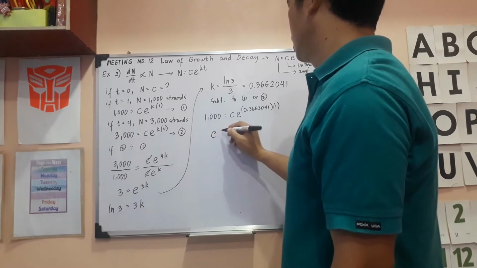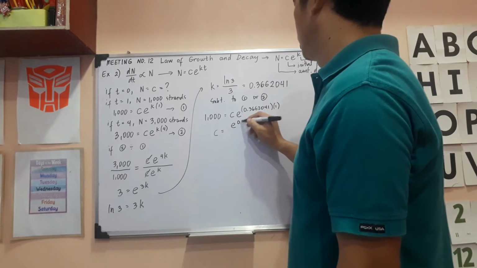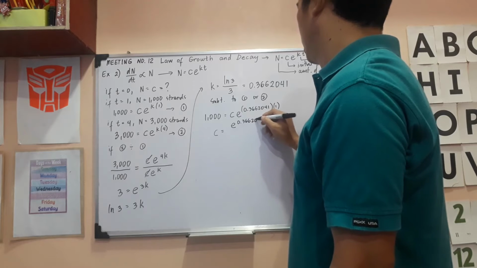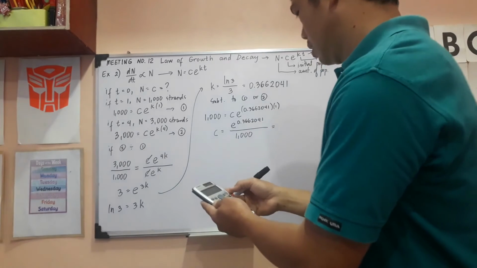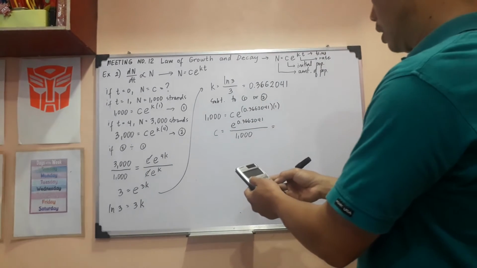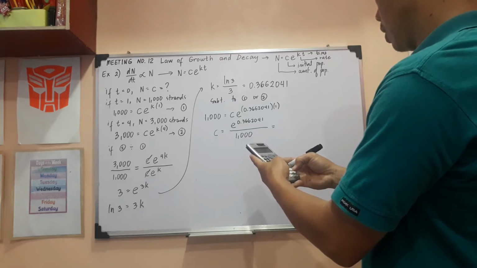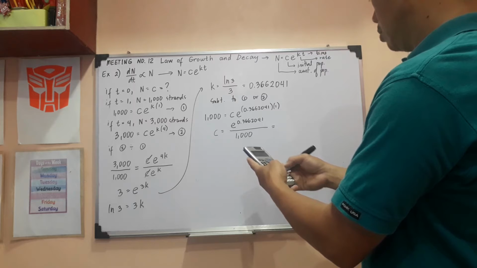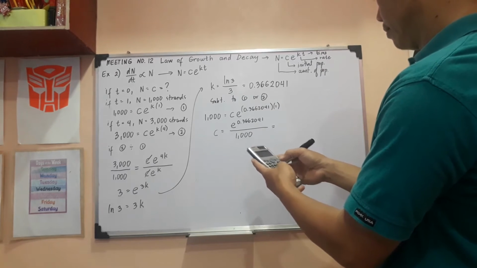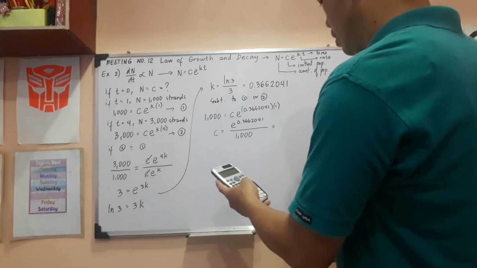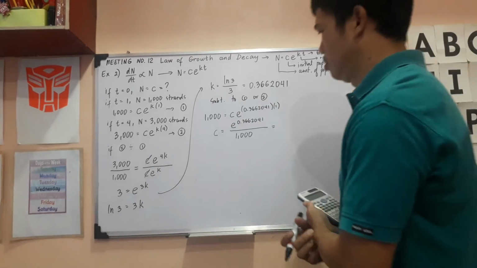And therefore, C is equal to this value over 1,000, equals... so, yung e nasa ln... Oh, bakit ganon? C, baliktad ako.